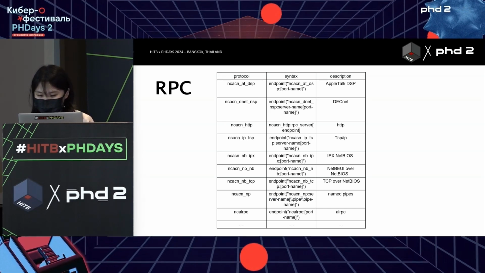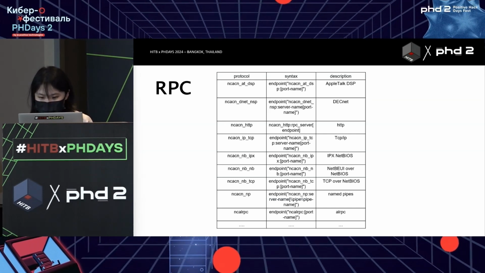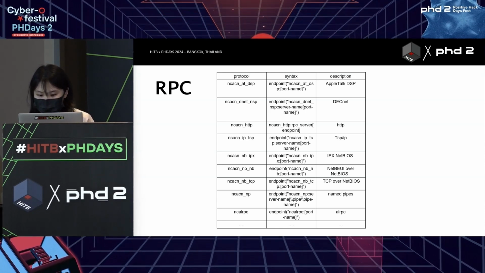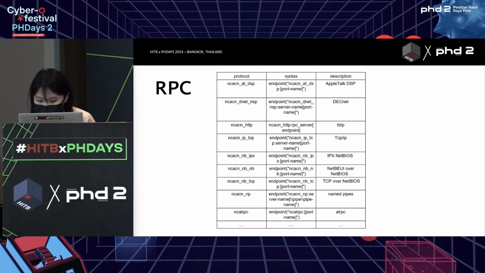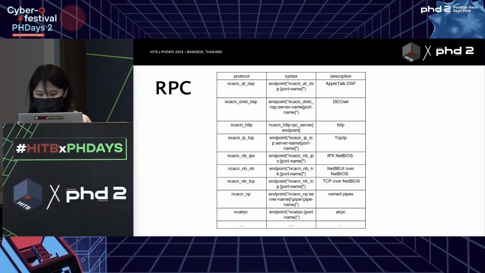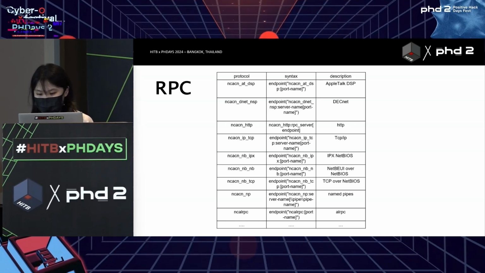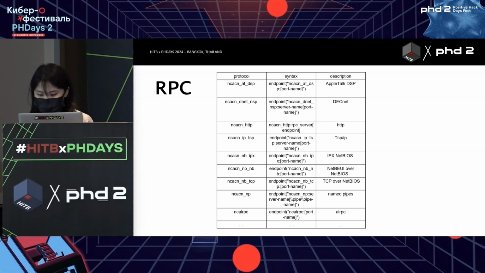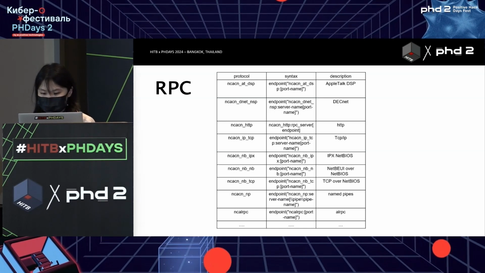From the potato exploitation process we discussed earlier, we now have two exploitation methods. One is to implement the RPC protocol ourselves for simulation, and the other is to use named pipes for simulation.